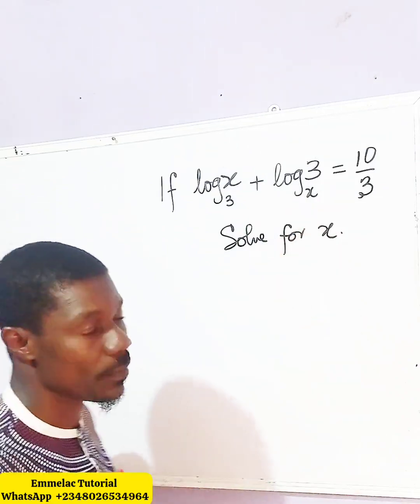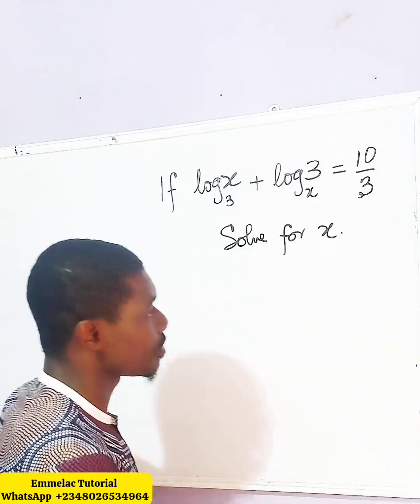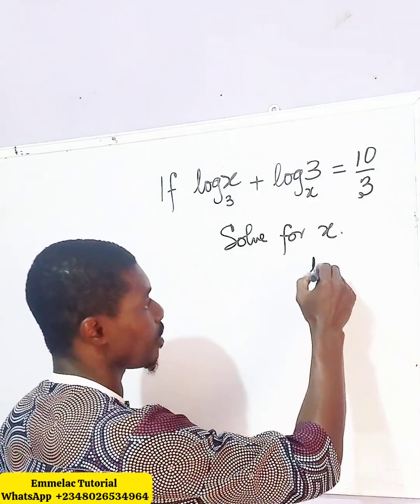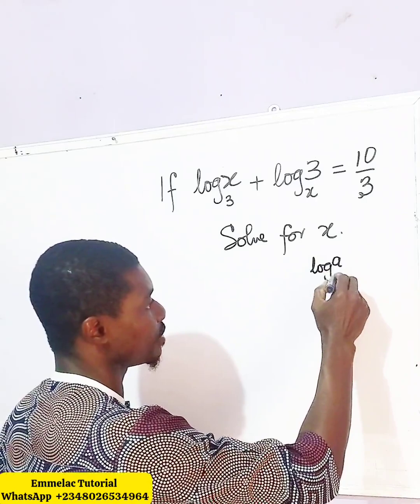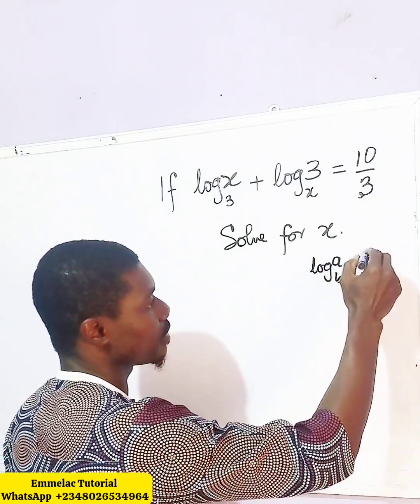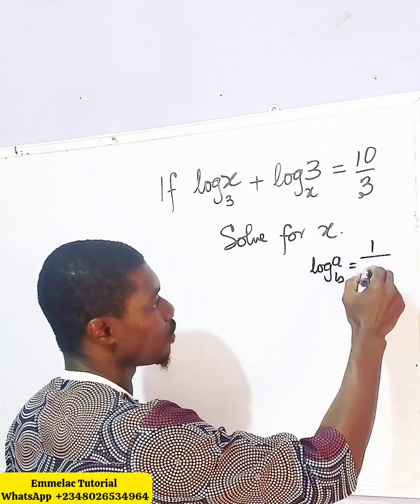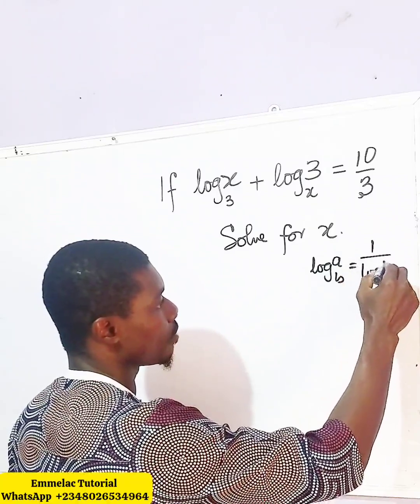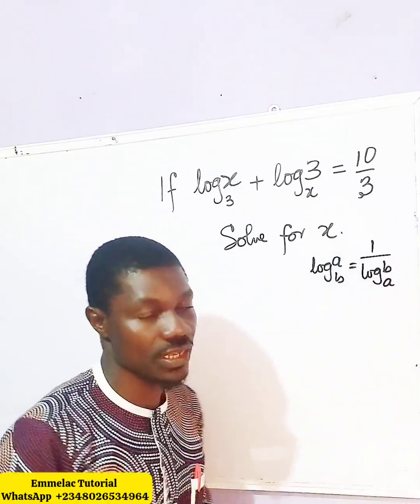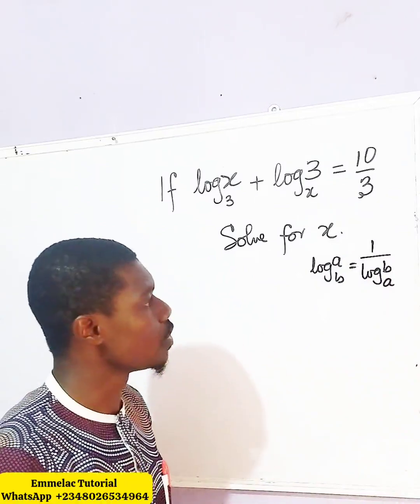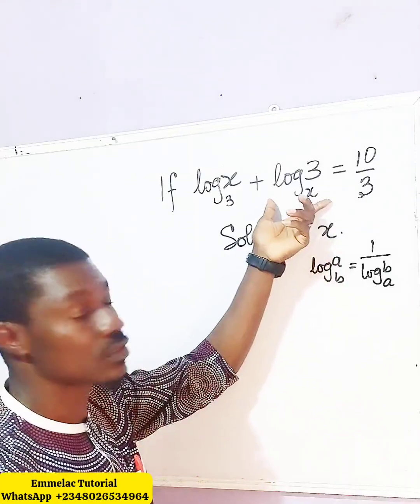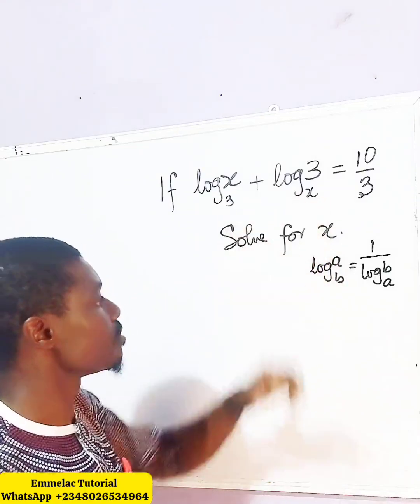First of all, we apply the reciprocal law, which says that when you have log a base b, this gives us 1 over log b base a. So apply this so that we have the same base.